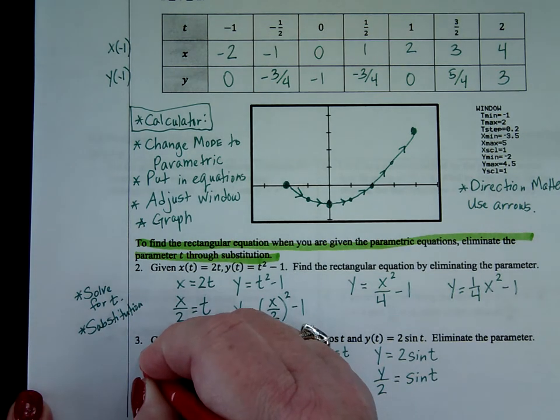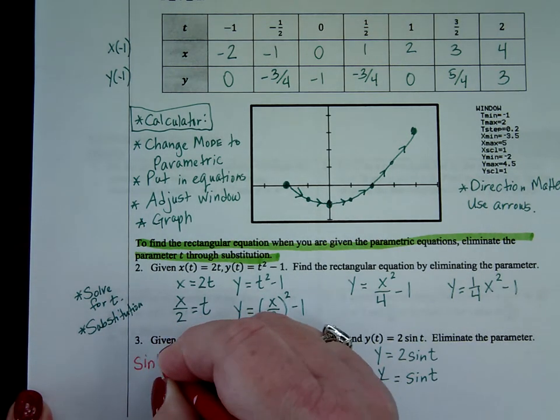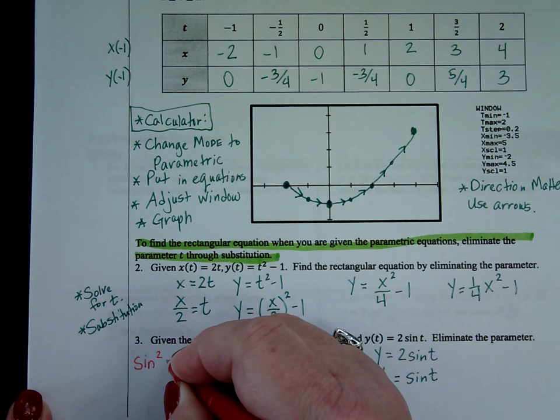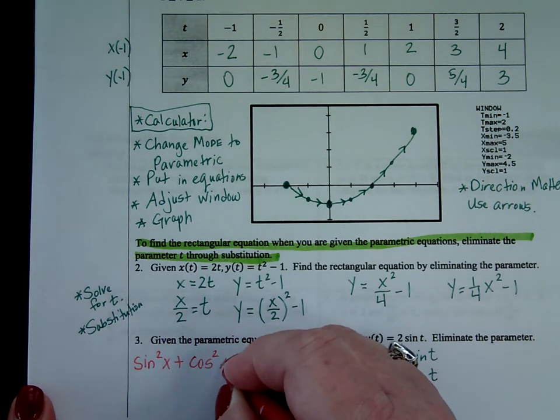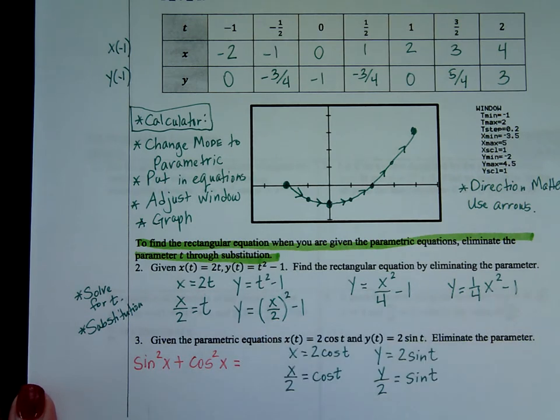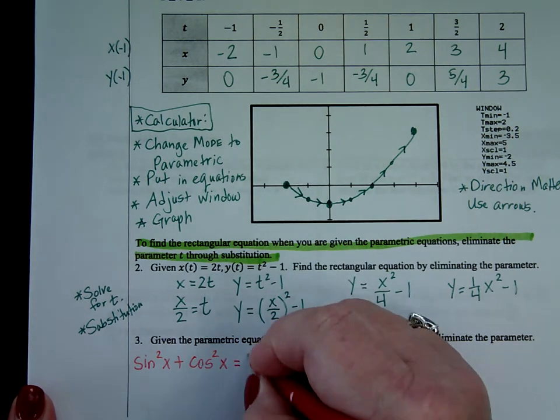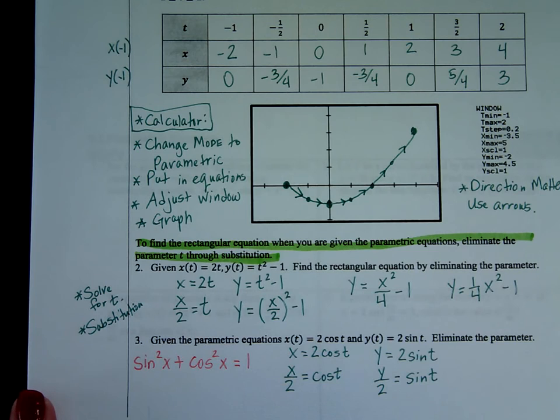We know the fact that the sine squared of x plus the cosine squared of x, remember this Pythagorean identity, equals 1. And so I'm going to apply that to my situation right here. So that means I'm going to have the sine squared. Well, that's this guy.